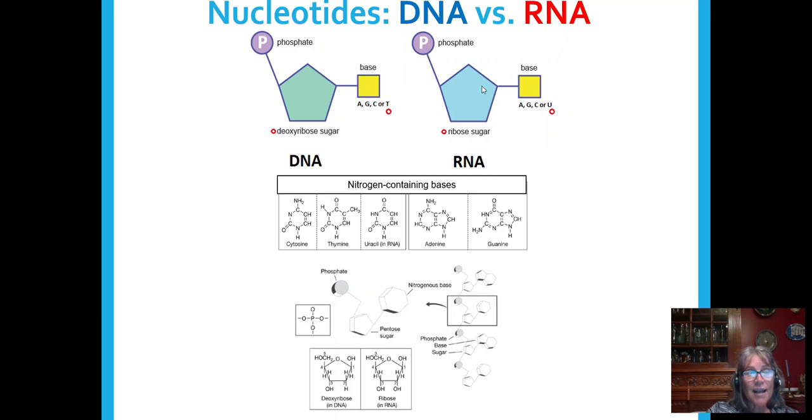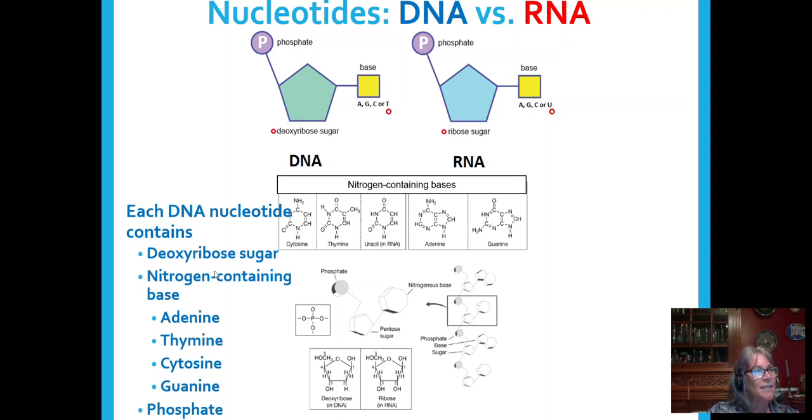In RNA, I don't have thymine. I have cytosine, guanine, adenine, and uracil. So my T is substituted for a U, uracil. Right, and then I stack those together.